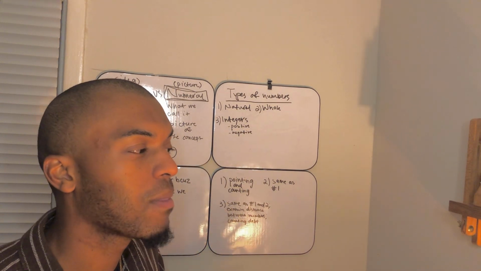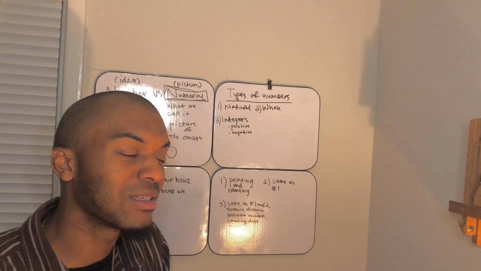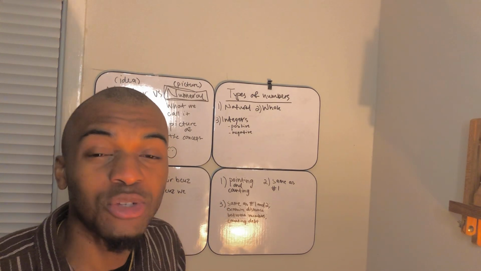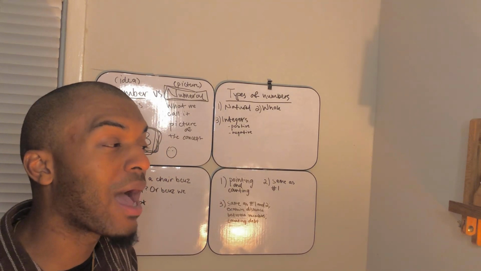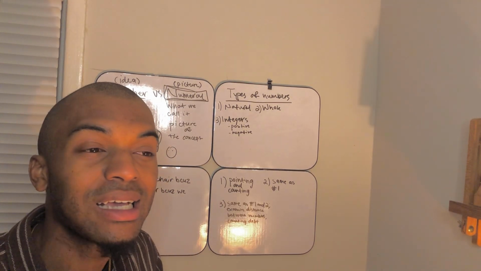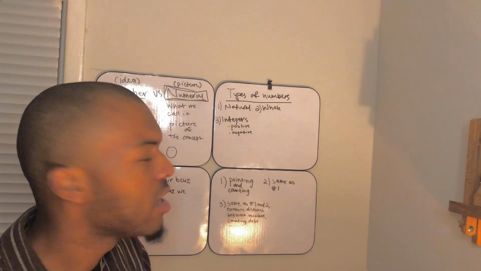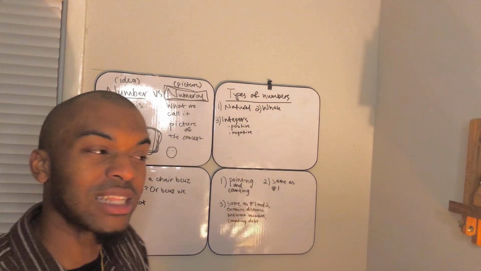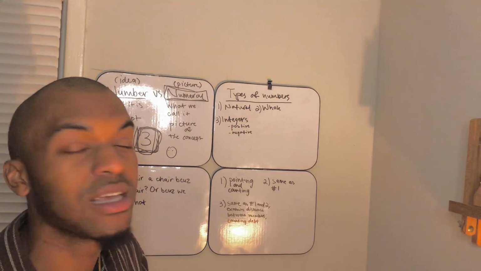Listen, like I tell a lot of the students that I tutor, I'm really not your teacher, so I'm not gonna be overly complicated. The whole numbers are the same as the natural numbers. You don't gotta take it no further than that. It just includes 0.